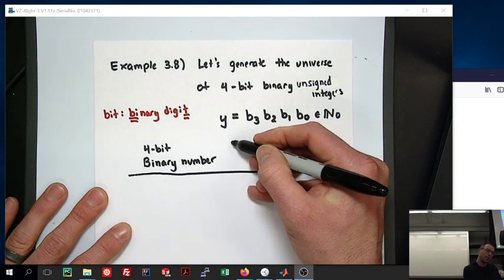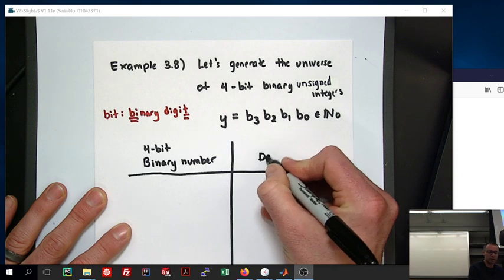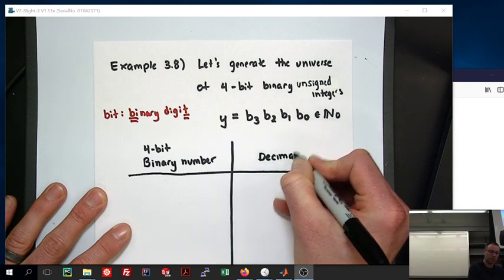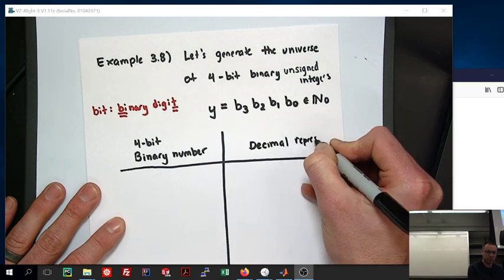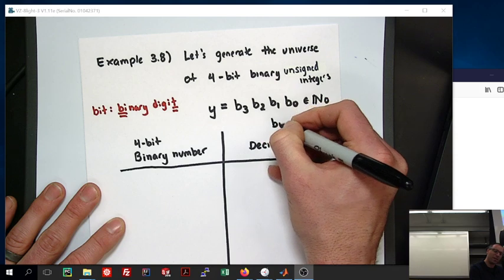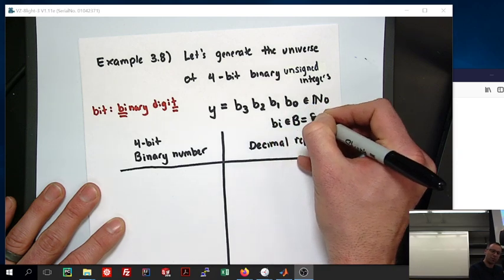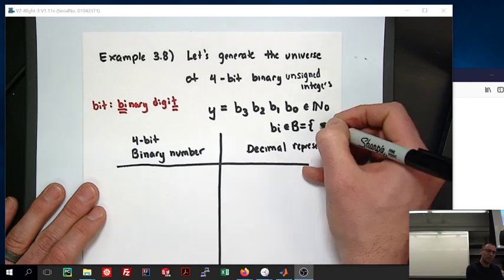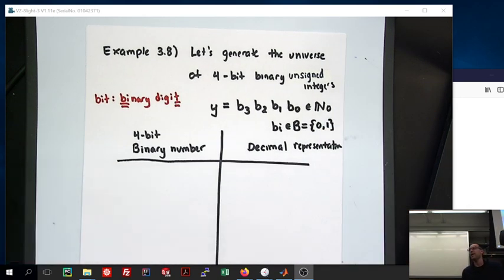And now over here, I want to look at this as the decimal representation. What's the claim of each individual bit? What are the choices that I have for each individual bit's value? 0 and 1. Here's the next claim.